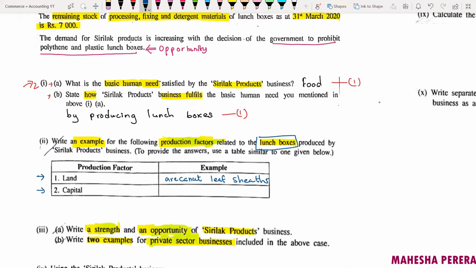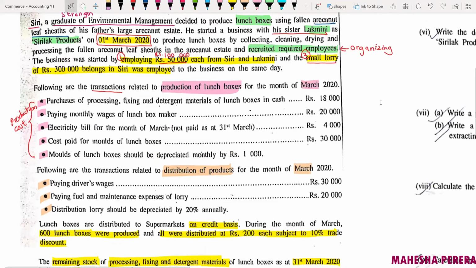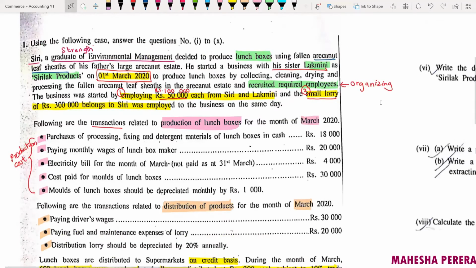So let's find out man-made resources used to produce lunch boxes here. Yes, you see that there is molds, the molds, right? Molds of lunch boxes. So this is a man-made resource, right? This is capital. And actually, these detergent materials again.